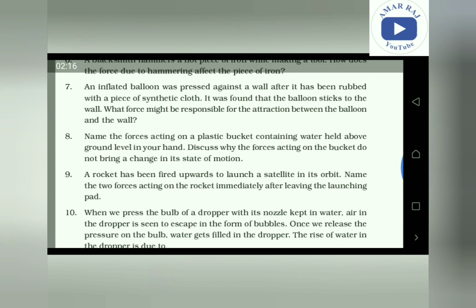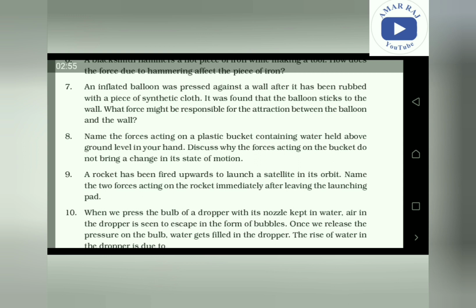Name the force acting on a plastic bucket containing water held above ground level in your hand. Discuss why the forces acting on the bucket do not bring a change in its state of motion. This is the second part of the question. First part of the question is: name the forces acting on a plastic bucket containing water held above ground level in your hand.